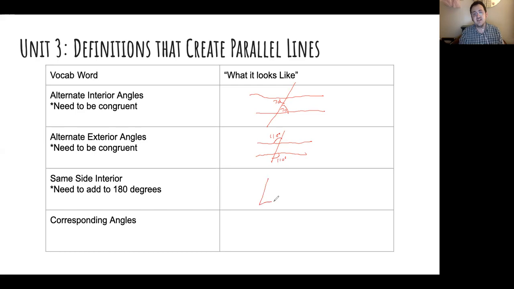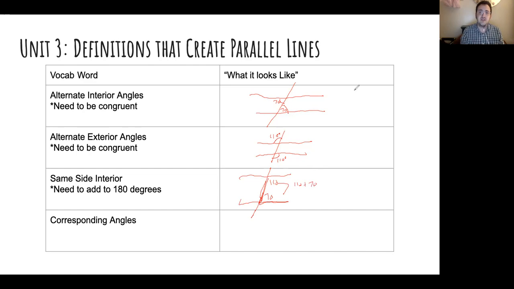The same side interior, we see these a lot in parallelograms and stuff like that. So maybe if this angle is 70 and 110 and they add to 180, that means that our lines are parallel.